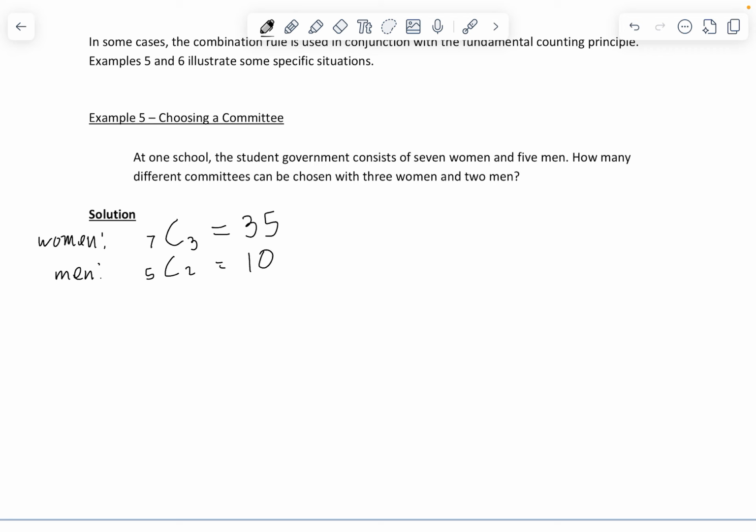Then we use the fundamental counting principle to multiply. So there are 35 ways that we could choose the 3 women, multiplied by 10 ways that we could choose the 2 men. Altogether, there are 350 different potential committees.